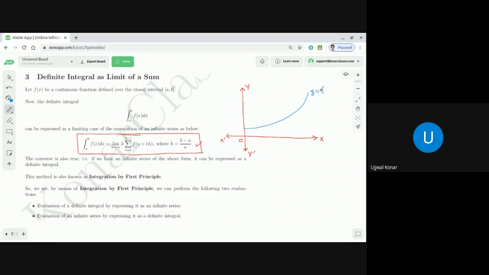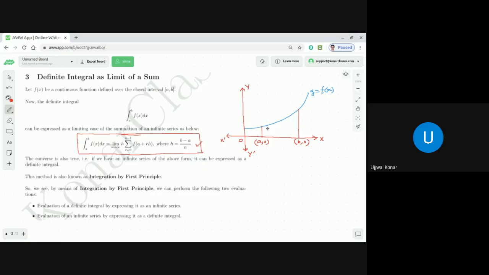Then we have two points, x equal to a and x equal to b. So this is one straight line, this is another straight line. This is the point (a, 0), and this is the point (b, 0).